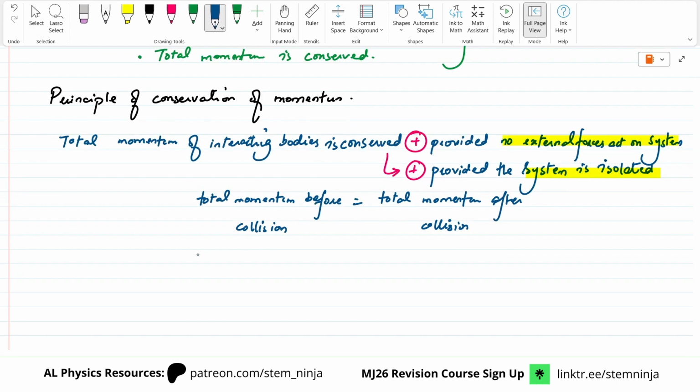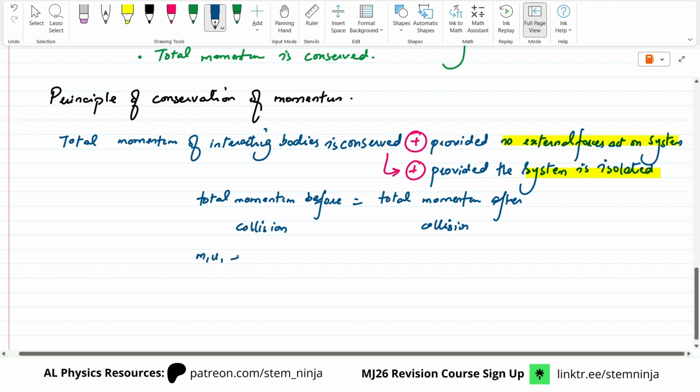So what that means is m1 u1 plus m2 u2 equals m1 v1 plus m2 v2.